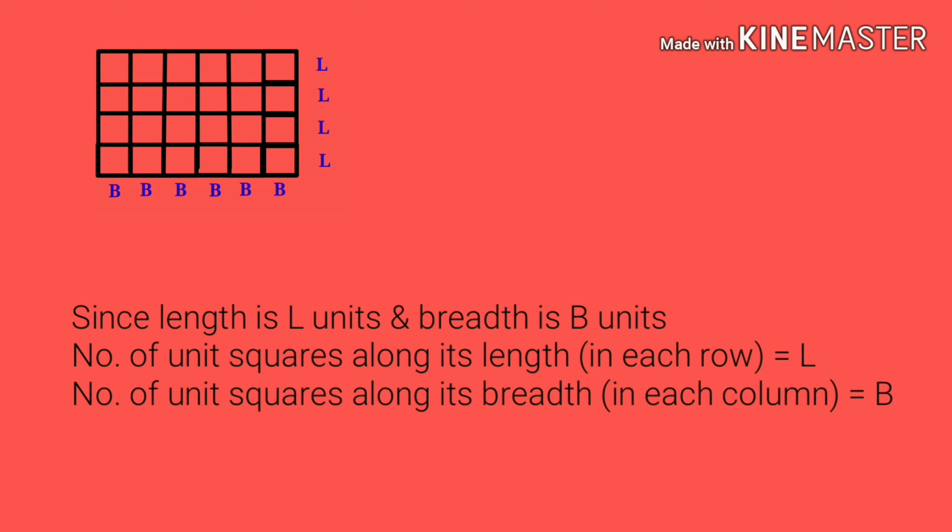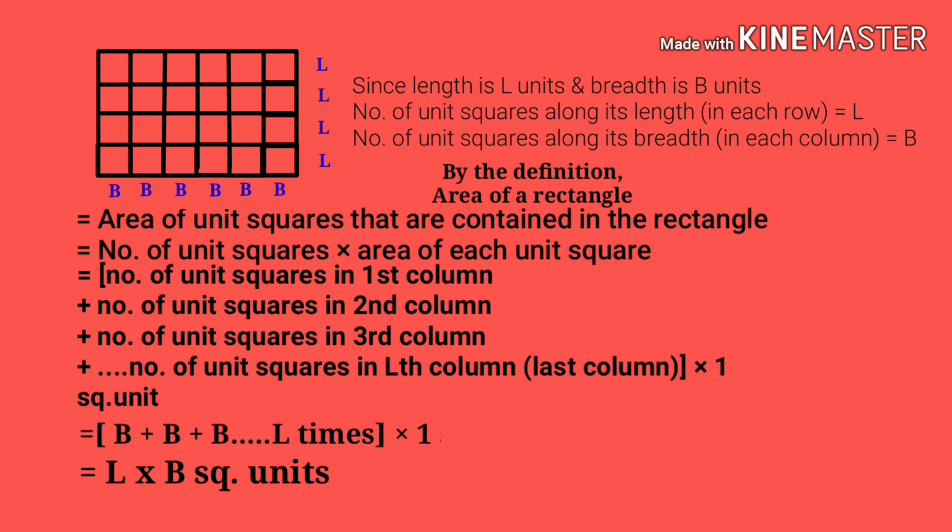So now if you want to get the area of this rectangle, we have to add up the areas of all these unit squares. So the area of the rectangle can be written as area of unit squares that are contained in the rectangle, which is equal to number of unit squares into area of each unit square.